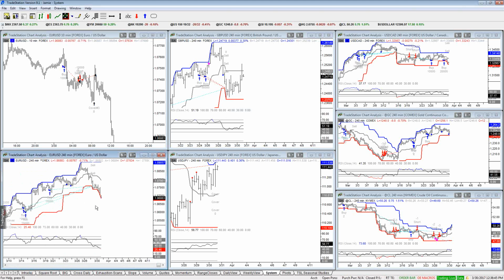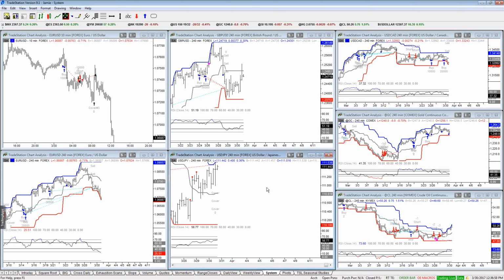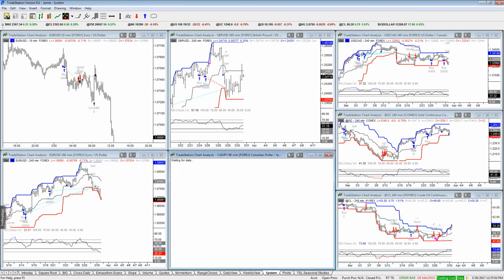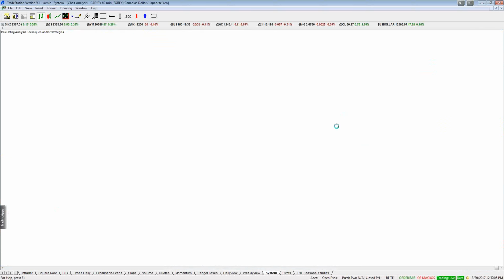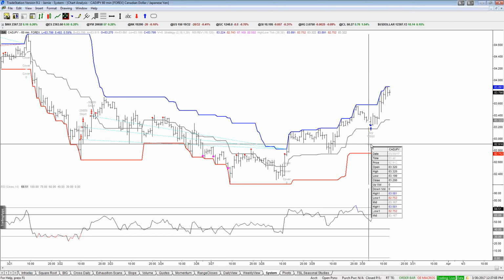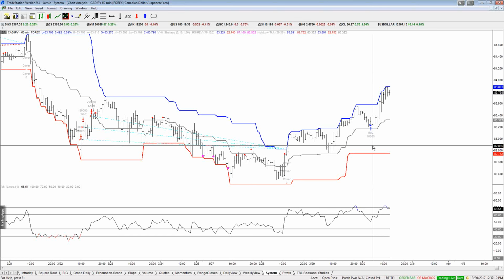So as an example, what were we looking at last night? It doesn't have to be just on these majors either. We had CAD yen, right? We're looking at CAD yen on the long side.